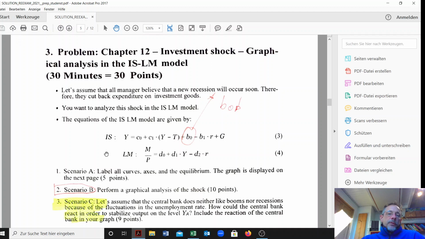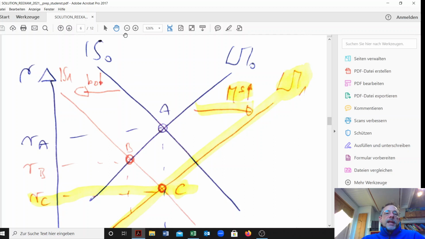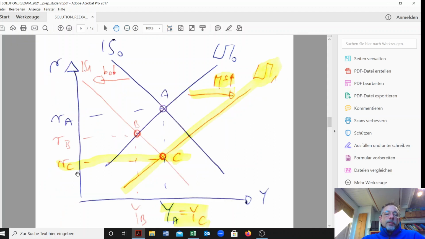This is important for part B, for scenario B, the second part, when we perform a graphical analysis of the shock. So first we have to label all the graphs. This is the blue scenario, with the interest rate on the vertical axis, and GDP on the horizontal axis. This is the LM curve, LM0 curve.